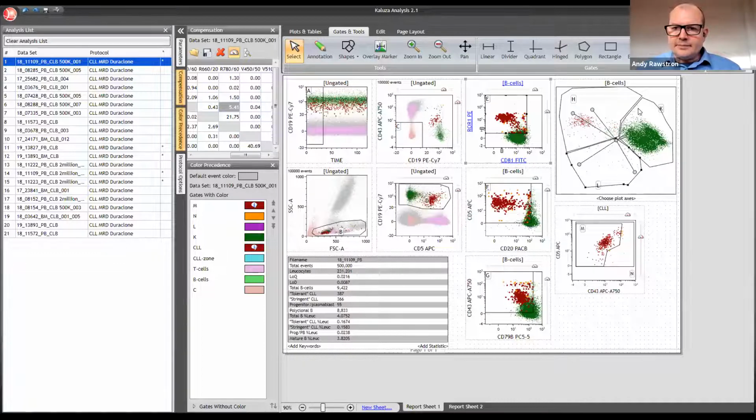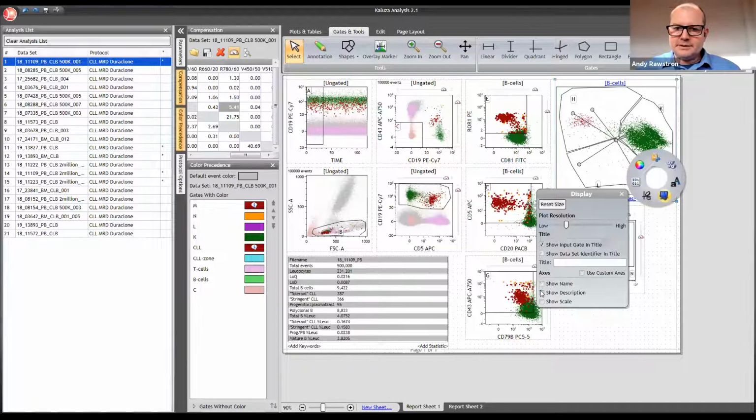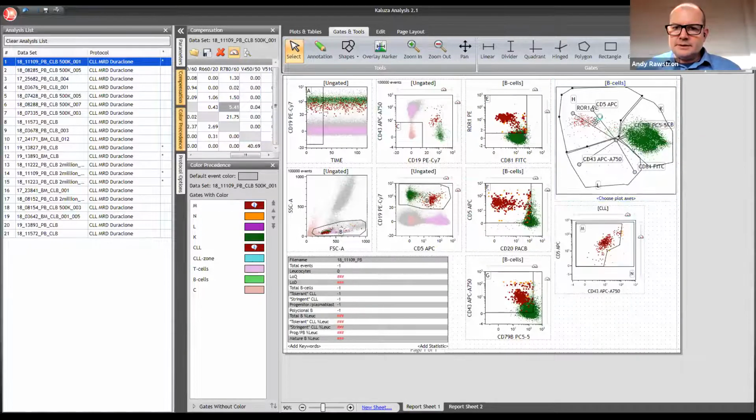on this radar plot we have, let me just show the parameters. So going up this way, we have ROR1 and CD5, which will obviously pull CLL cells towards the top left. Going this way, we have CD19 and CD20, which will pull the normal B cells away from the CLL cells.